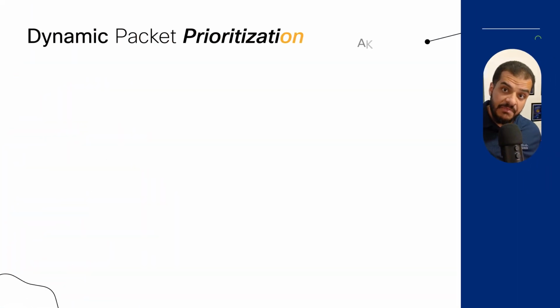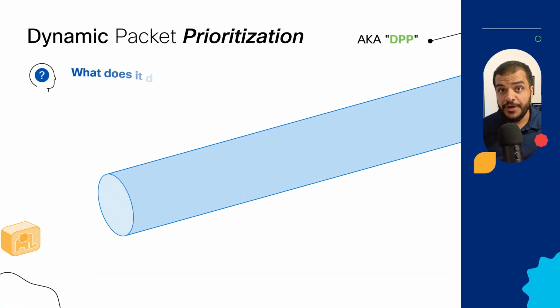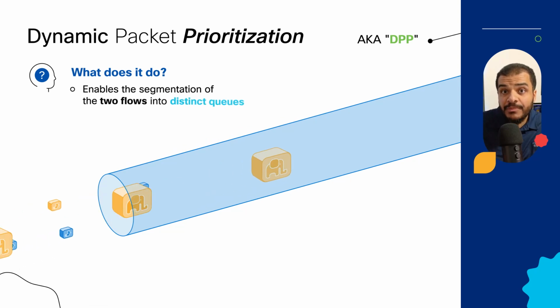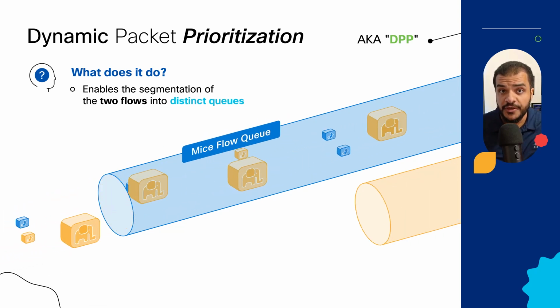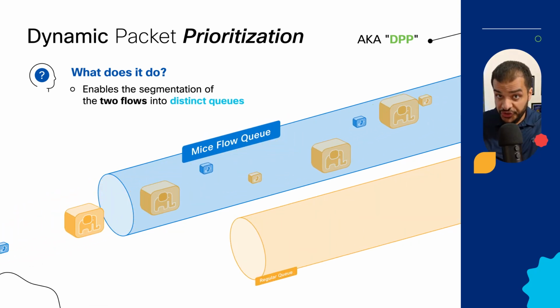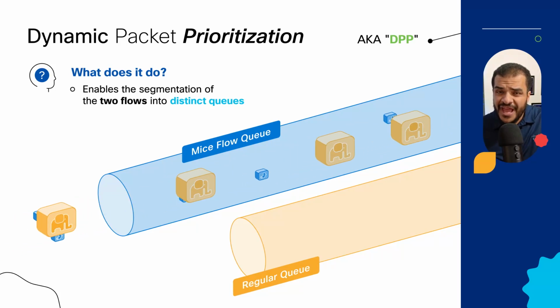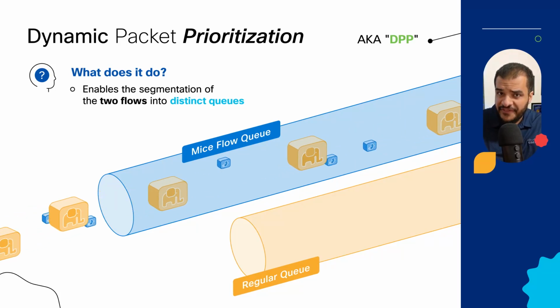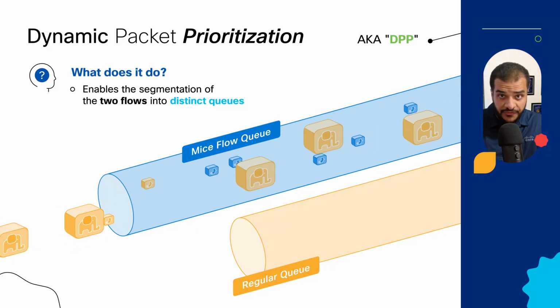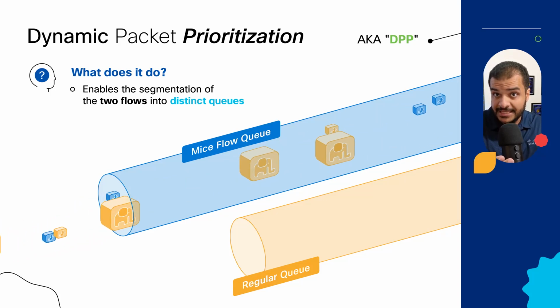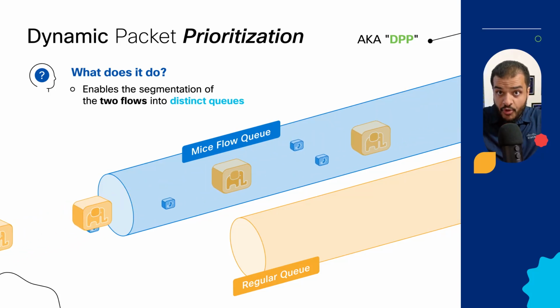And then comes DPP, Dynamic Packet Prioritization, which enables the segmentation of these two flows into distinct queues, even if they are within the same traffic class, because hey, a flow or different flows can come from the very same class, but you still need to separate them.